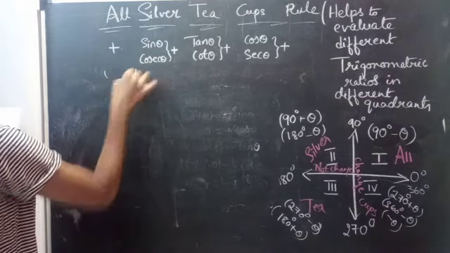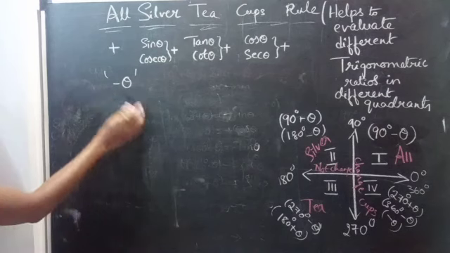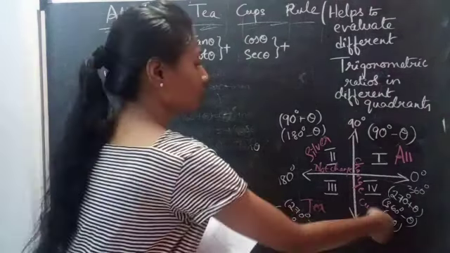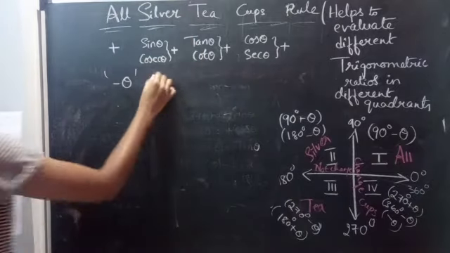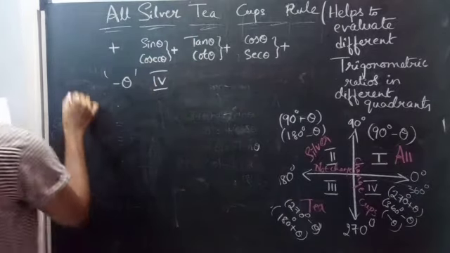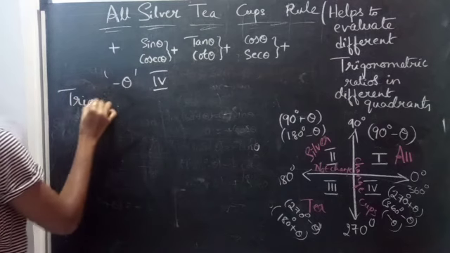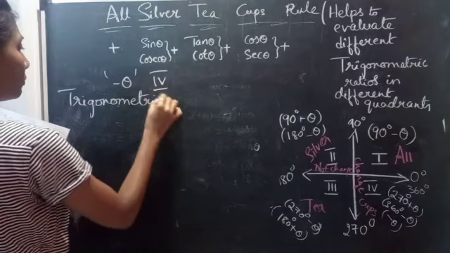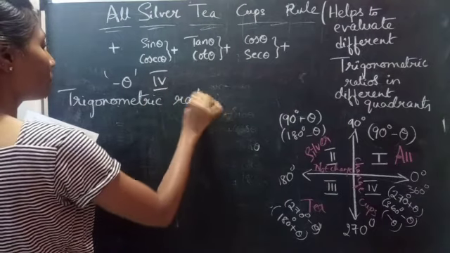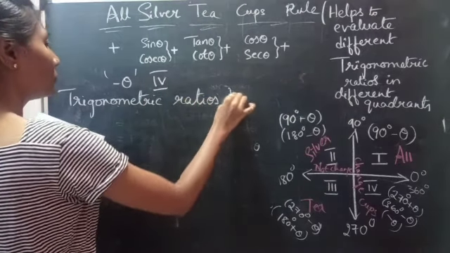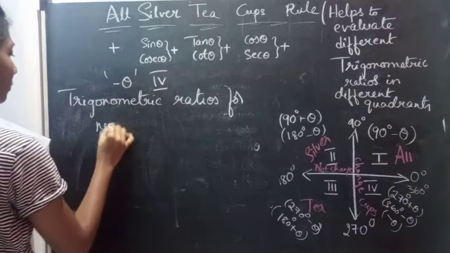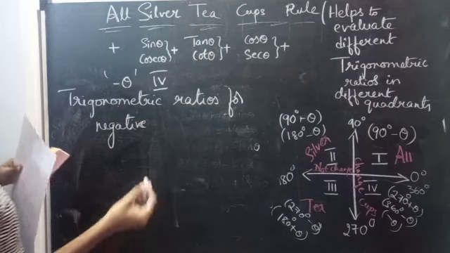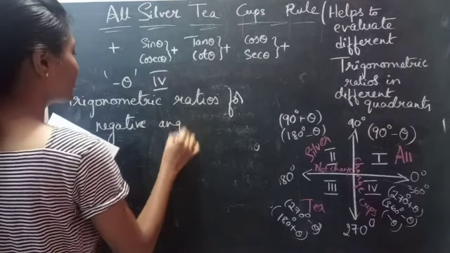Minus theta. Trigonometric ratios for negative angle, minus theta. Okay. And fourth quadrant. Trigonometric ratios for negative angles.